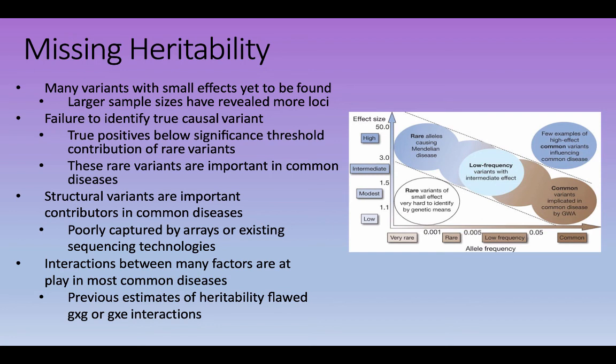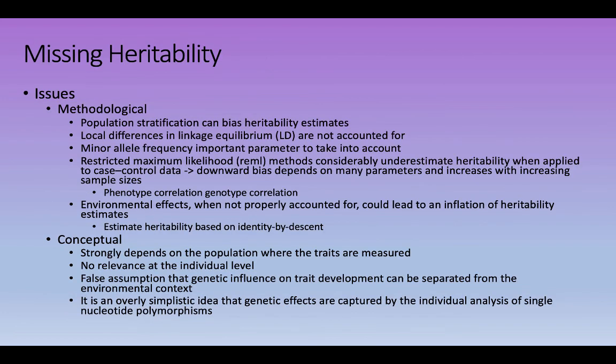There are lots of ways that estimates of heritability can be flawed, either by gene-gene interactions or gene-by-environment interactions. And all these things can affect our ability to actually explain and detect the genetic component contributing to heritability. So there's a whole suite of methodological issues that came out of this process. We talked about some of these earlier, but not properly taking into consideration population stratification can really bias heritability estimates.